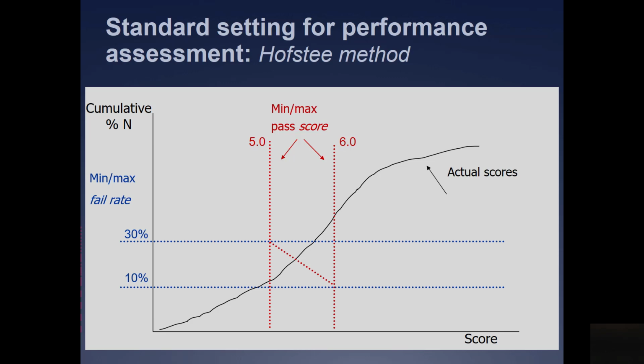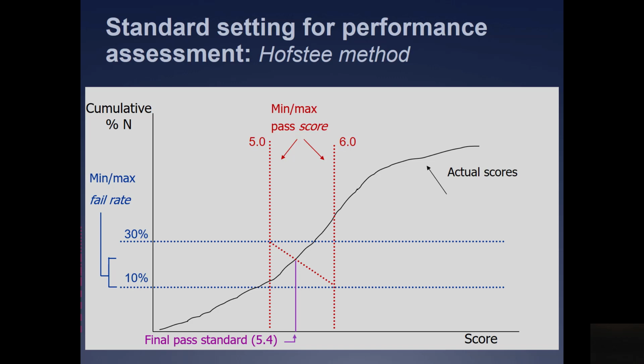Now we're getting to the intersection of the min and max fail rate with the normal data between 5 and 6, which comes out to be the intersection 5.4. Okay, a little bit more complicated, but what it does is it takes a more objective approach in incorporating the actual scores of previous student runs.